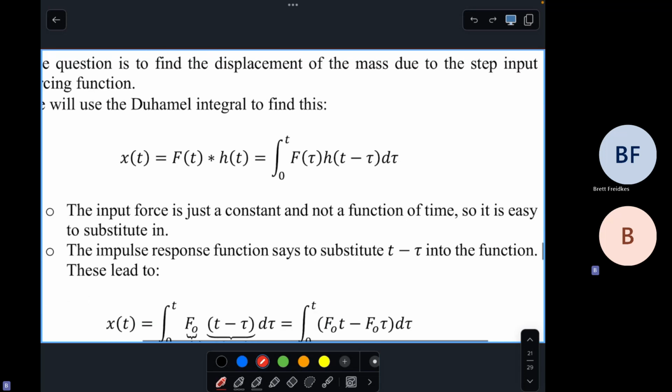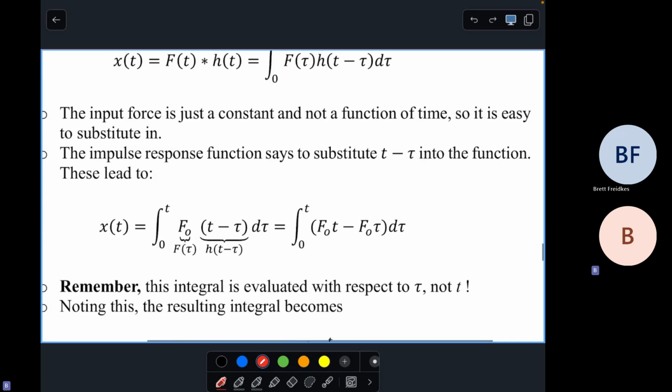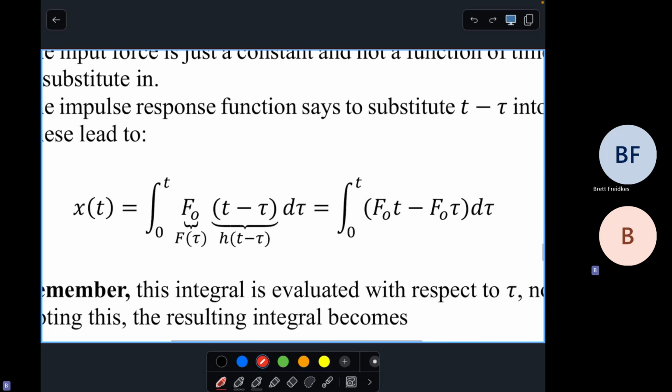So what we did in this problem was to find x of t. You plugged in tau into one of them and t minus tau into the other. So I said f of tau, which in this case is just a constant. It's f naught. That doesn't change. And then the impulse response, remember h of t was just equal to t.